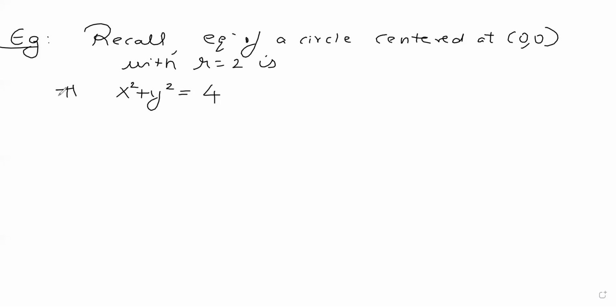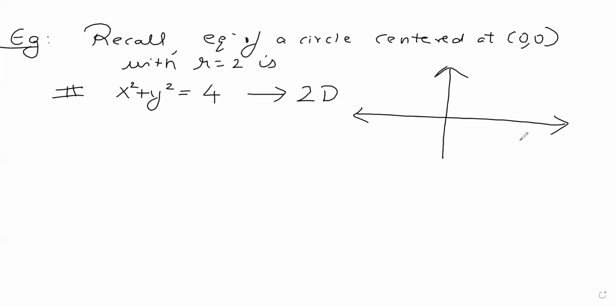This is the equation of a circle with center at 0, 0 and radius equal to 2. Now this will be a two-dimensional figure. Why? Because if I plot it, x-axis, y-axis, this is my origin, radius is 2.